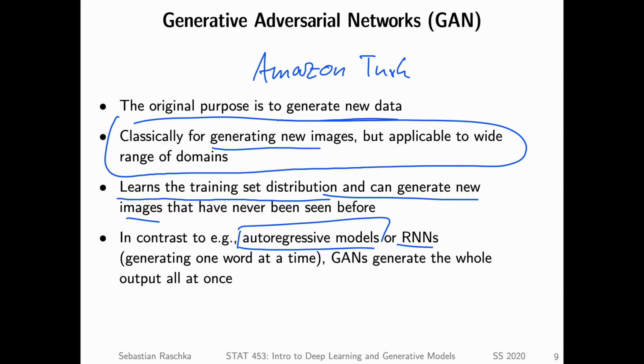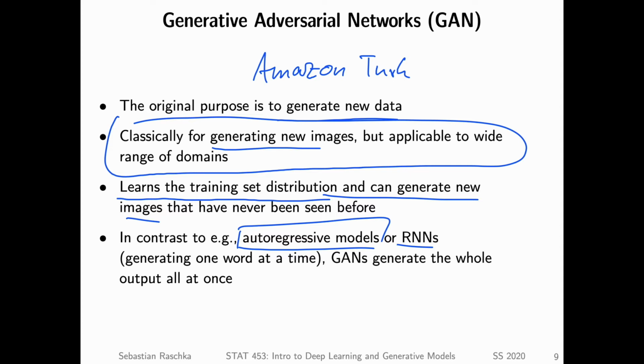The difference between that and GANs is that GANs generate the whole output all at once. So fundamentally, GANs work very differently from RNNs. In GANs, there is no time dimension necessarily. So we have a GAN that is generating the whole output, the whole image all at once. And that is mainly the difference between RNNs and GANs.